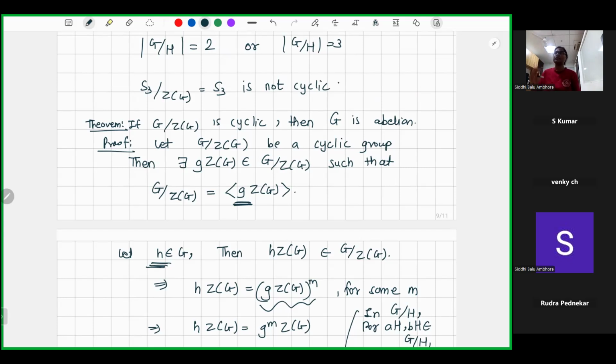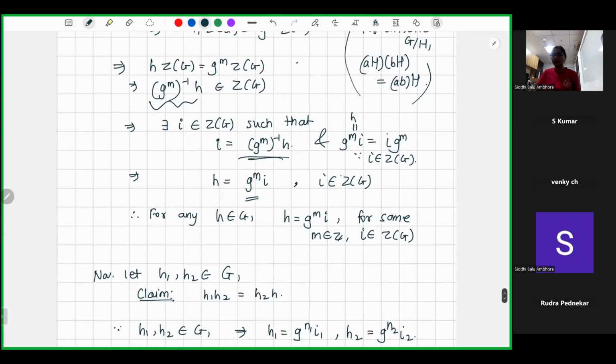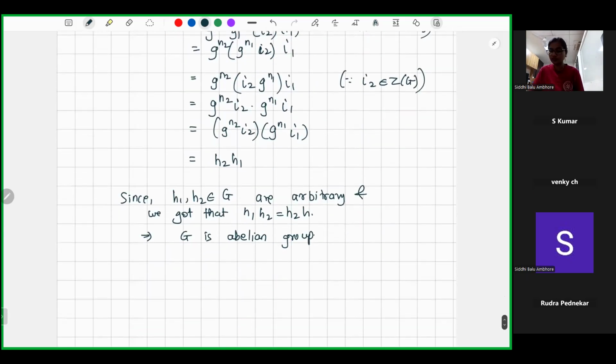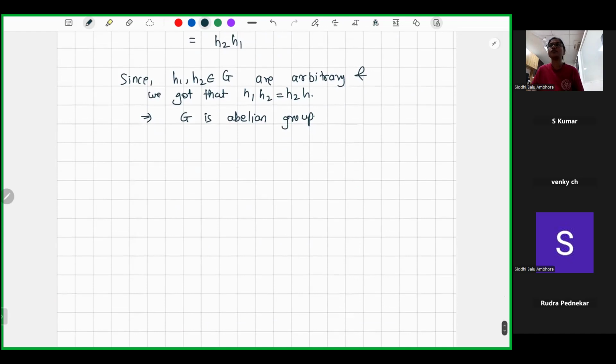The moment I have G mod ZG a cyclic group, then we can conclude that G is always abelian. We just proved it. Any doubts here in the proof? No, right?